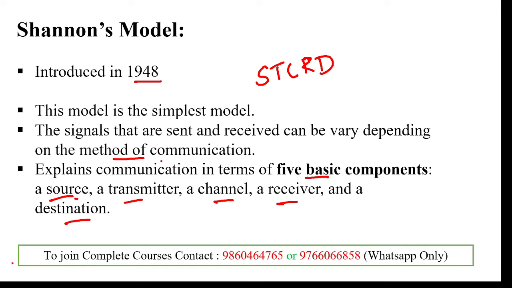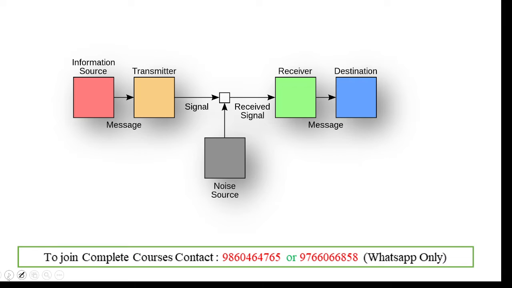The model is in the form of a diagram. Here the source sends the message through the transmitter, and the signal or channel is received by the receiver, and then there is the destination.